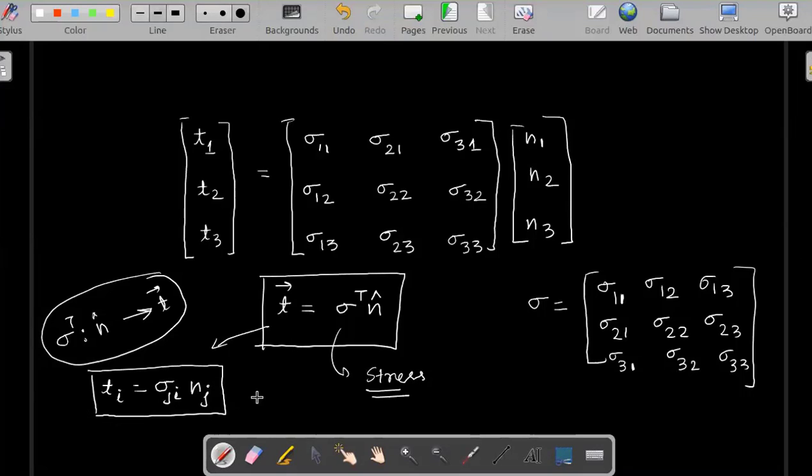This is the symbolic notation of the same thing.